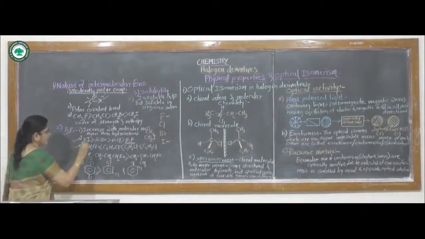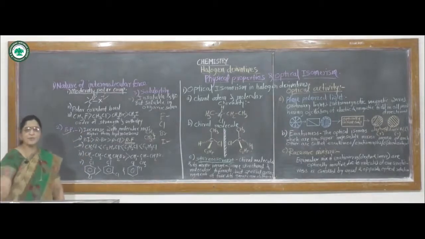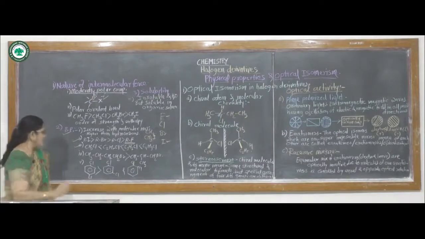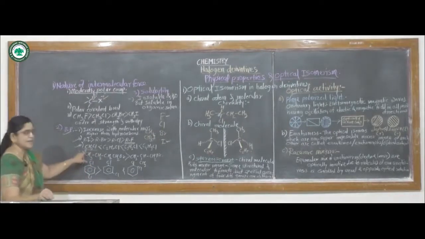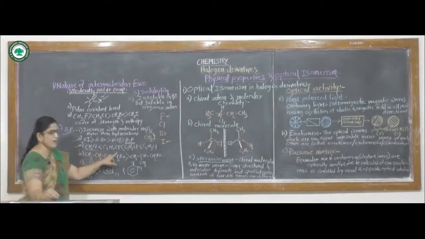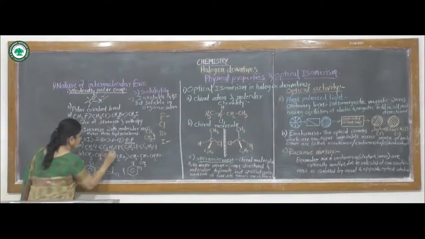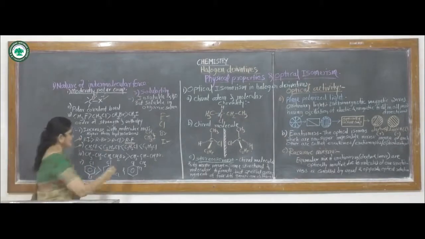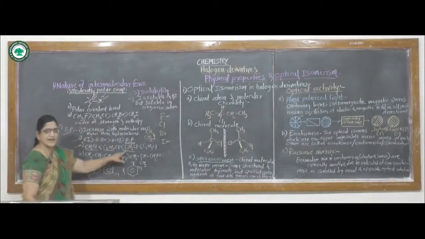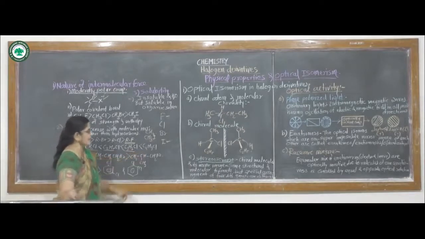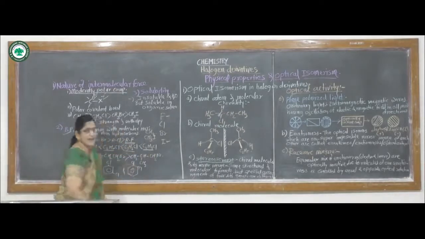Then the third point: as the number of carbon atoms increases, the boiling point also increases. First example, CH3Cl has only one carbon atom. Then C2H5Cl has two carbon atoms, C3H7Cl has three carbon atoms, and C4H9Cl has four carbon atoms.